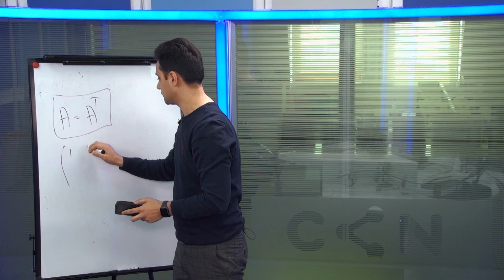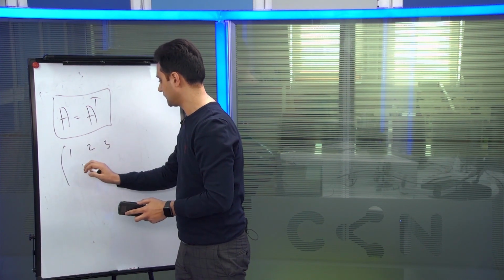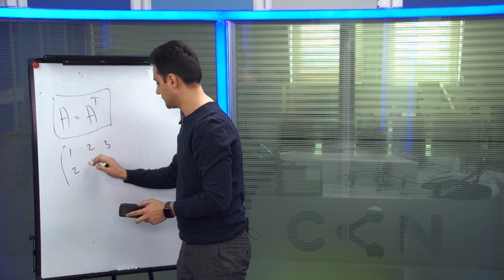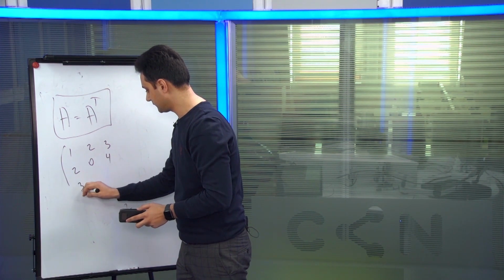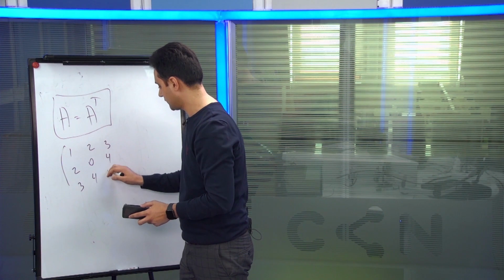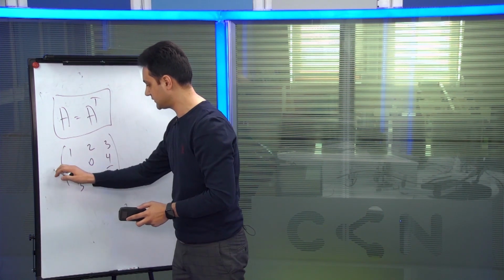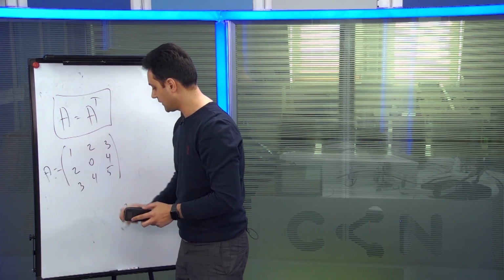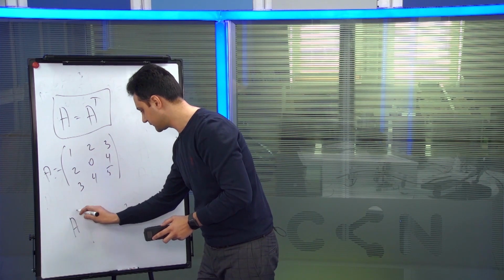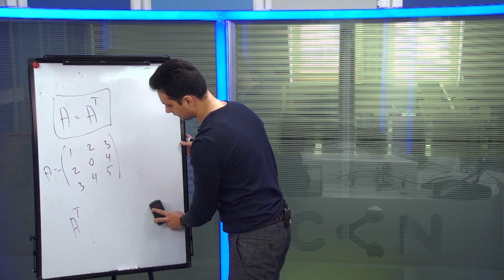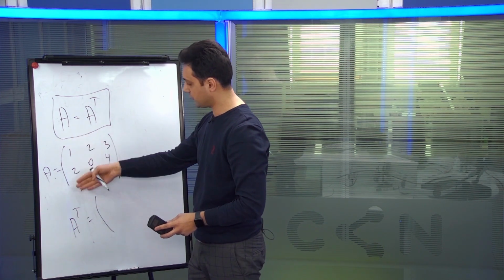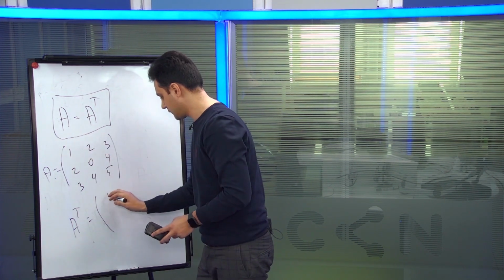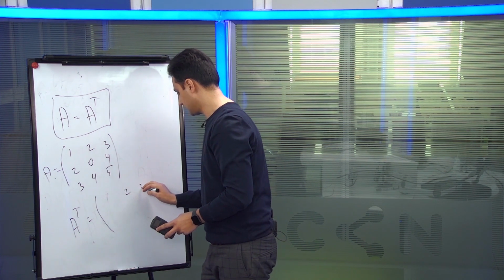So 1, 2, 3, 2, 0, 4, 3, 4, 5. So this is the matrix A. So what's the transpose of this matrix? We make the column elements row elements. It will be 1, 2, 3.